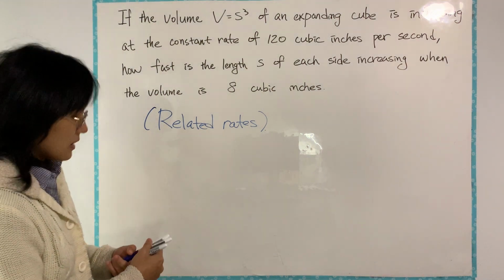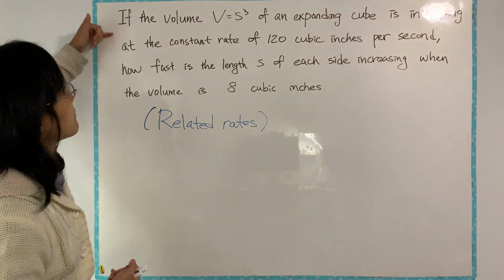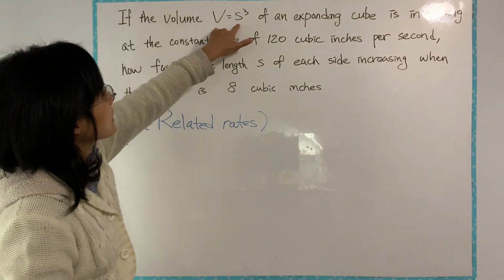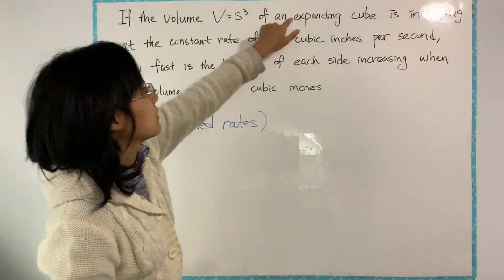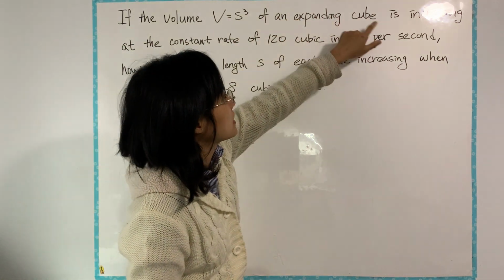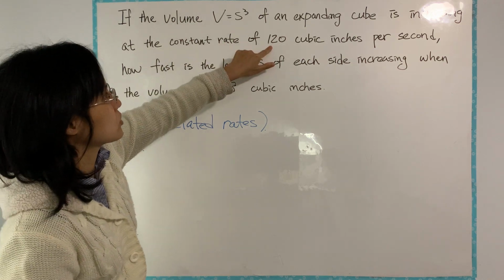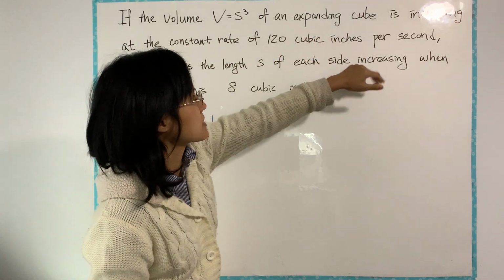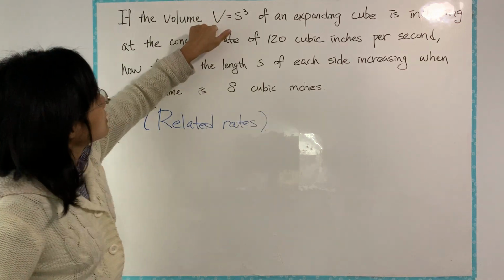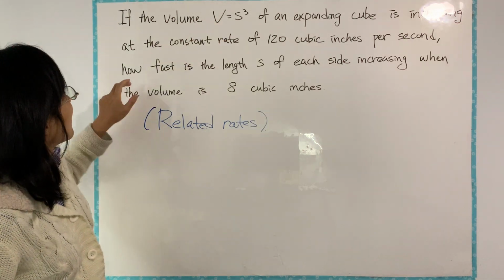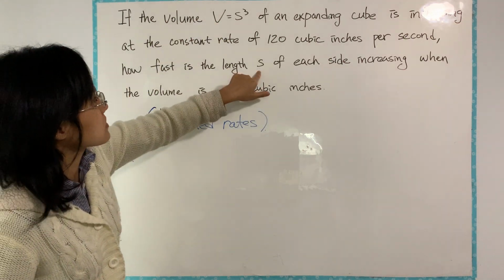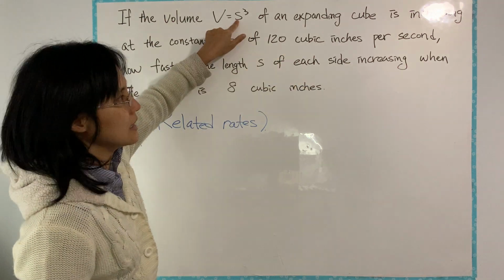Here it says the volume, given by this equation, of an expanding cube is increasing at the constant rate of 120 cubic inches per second. V stands for the volume. How fast is the length S of each side increasing when the volume is 8 cubic inches? So now we know what S stands for.